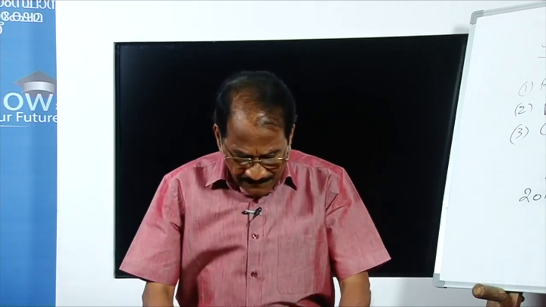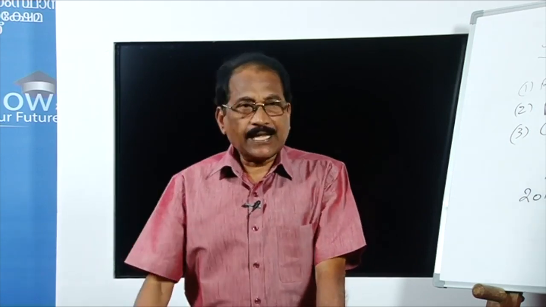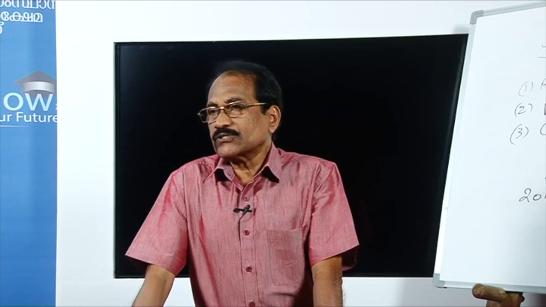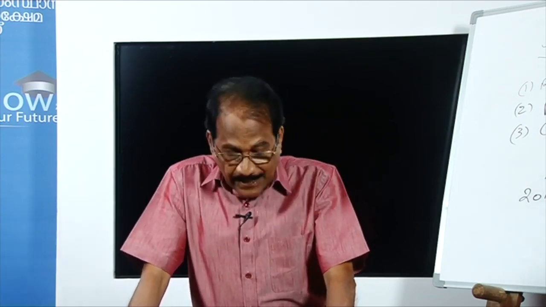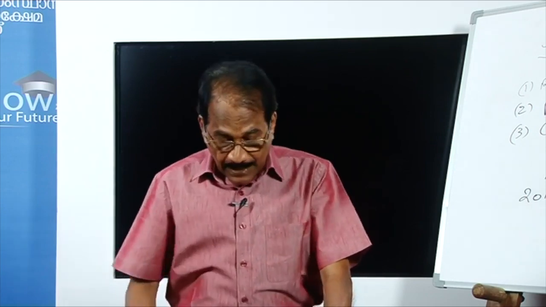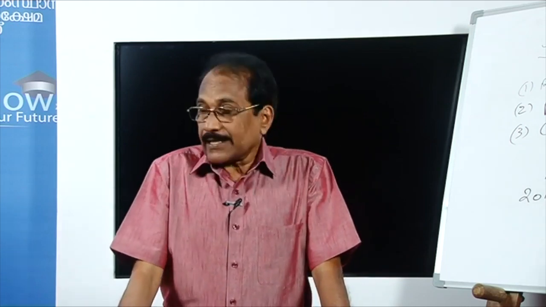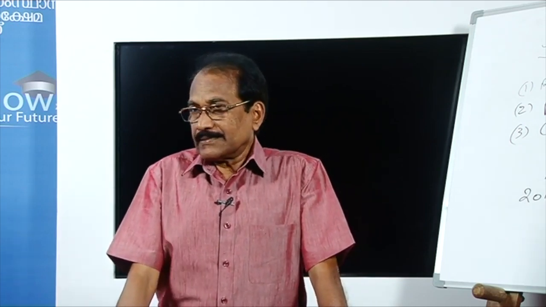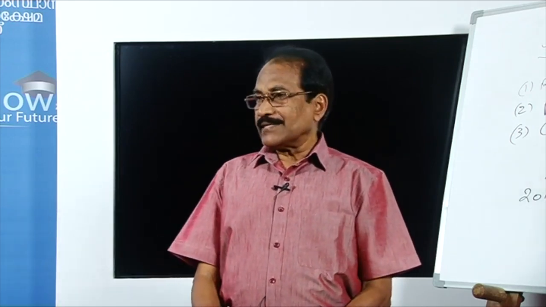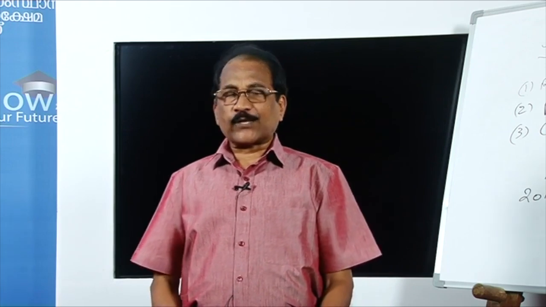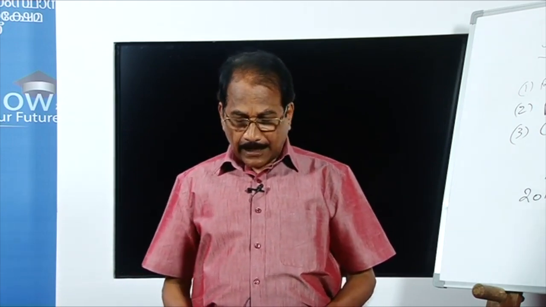And for that, we find mainly 4 measures, 4 programs. We have introduced 4 programs under the title of, we may say, Nava Kerala Karma Paddhati. That is a program that we adopt for a faster economic development of Kerala.